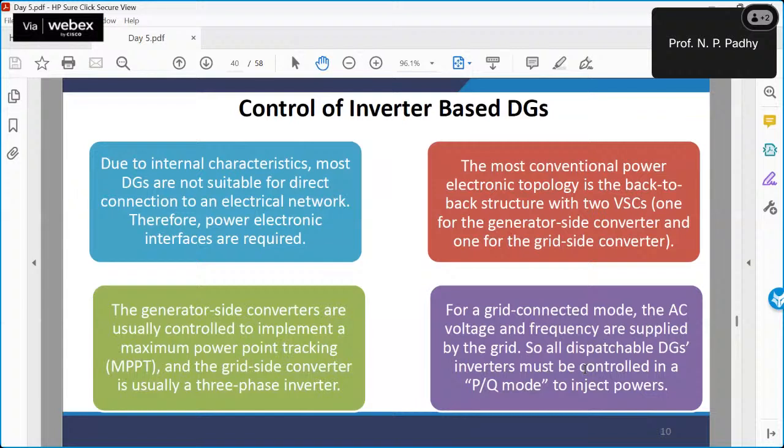The generator side converter is usually controlled to implement maximum power point tracking, that is MPPT, and the grid side converter is usually three-phase. Inputs are supplied by the grid, so all dispatchable distributed generators' inverters must be controlled.